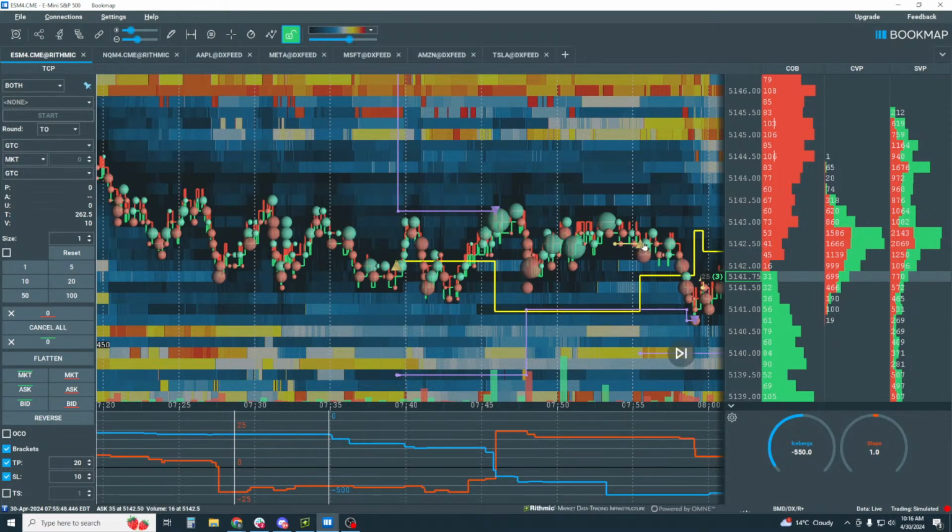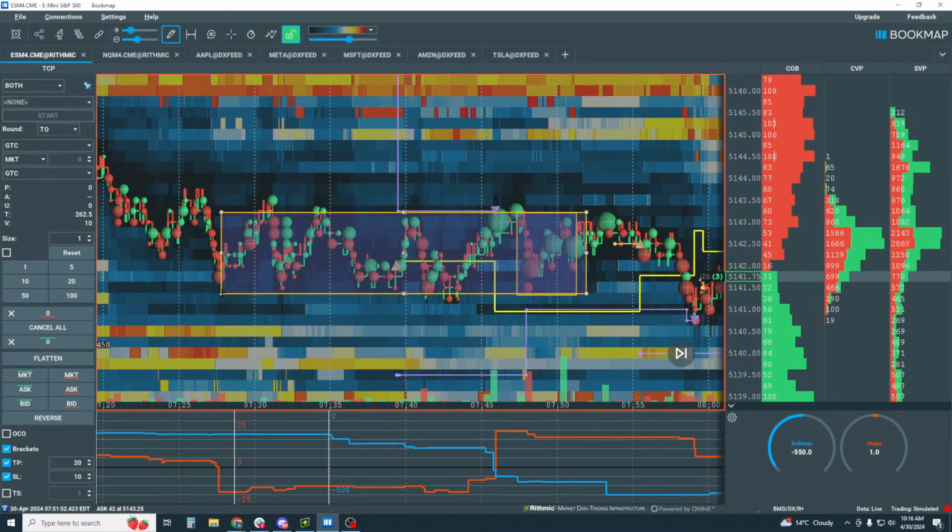I added another in here at a higher level than my entry here, because I am anticipating a move back up into this liquidity up in here. Okay, a measured move of that, in fact. So something like this. Okay, if this is our level, I'm sorry, our zone, then I would be looking for a move up into 45.